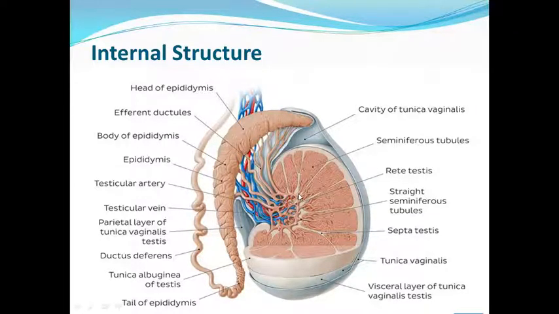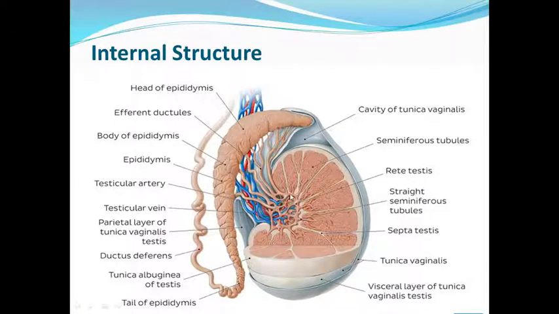These straight seminiferous tubules will further form a mesh-like network of tubules, which is called the rete testis. So this is the rete testis.